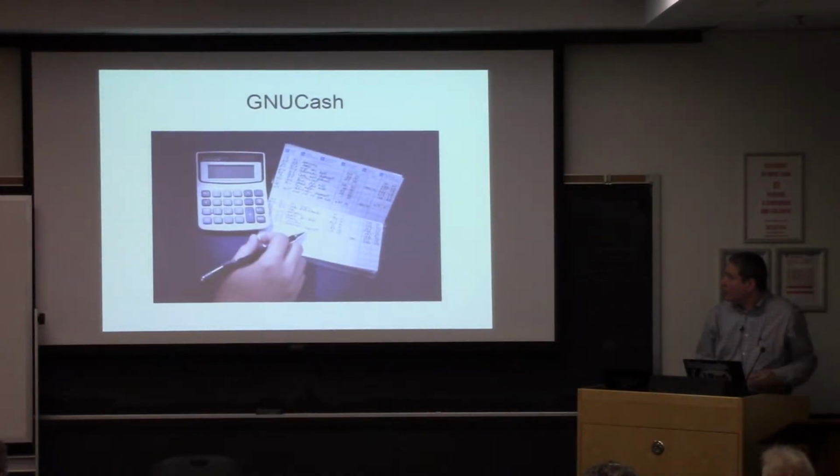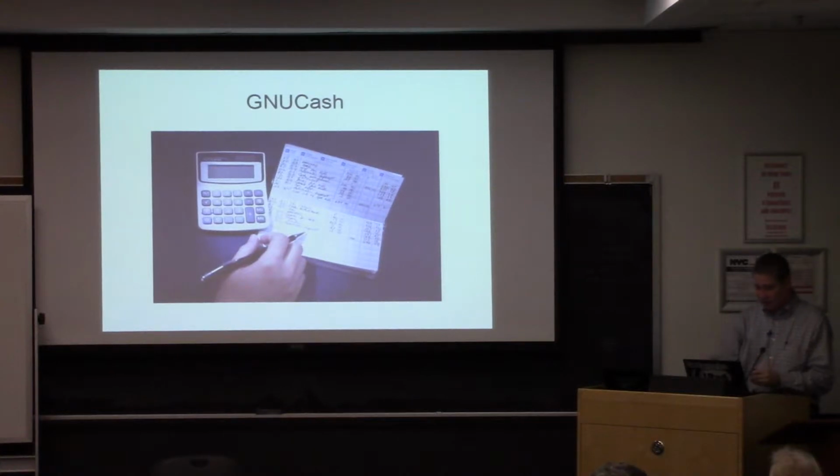Okay, so now we'll go to the example. I'm going to set up a quick checkbook in this program. You can set this up for all your personal finances or other projects, like if you're doing a business. But I'm just going to set it up to show you what the program looks like.